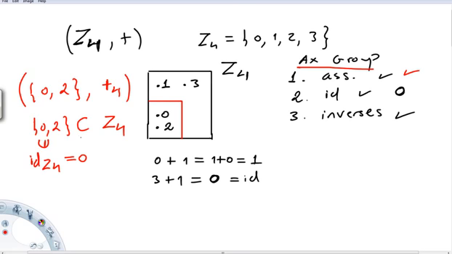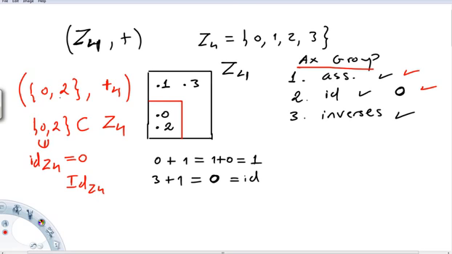Okay, so this is the Z4 identity, right? Okay, so we do have the identity. You can check that 0 is the identity, because 0 plus 2 equals 2. So you perform the operation with the identity and the elements stay the same, so this is the identity.